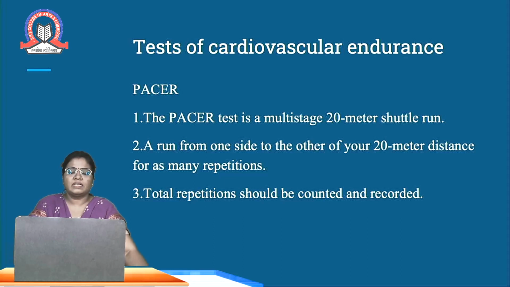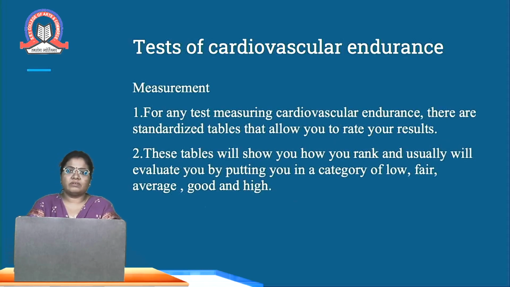According to that, the test gives the result of our cardiovascular endurance. The Pacer test covers only 20 meters, going fast, and according to the individual's capacity or fitness, it is covered as many times as possible.